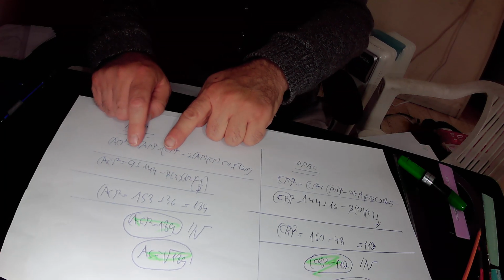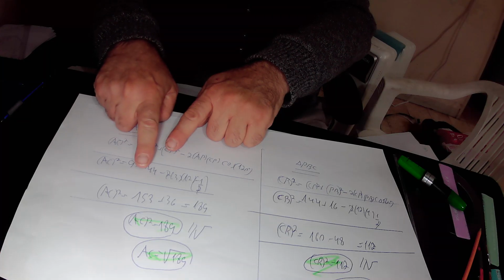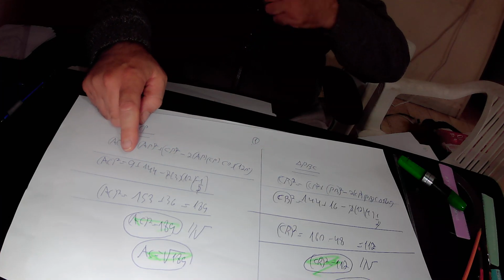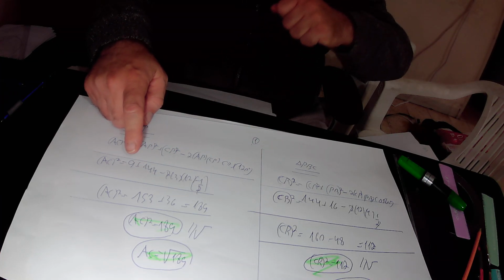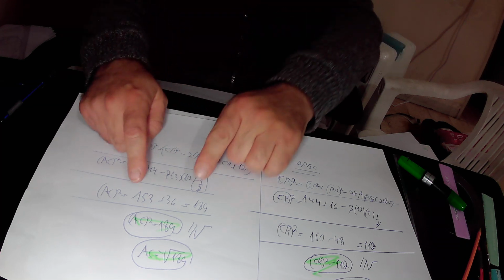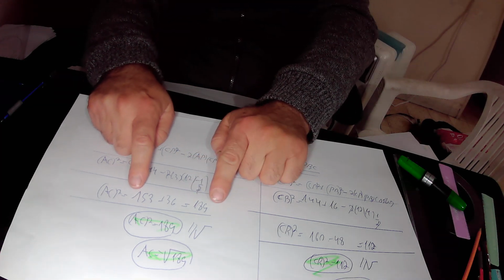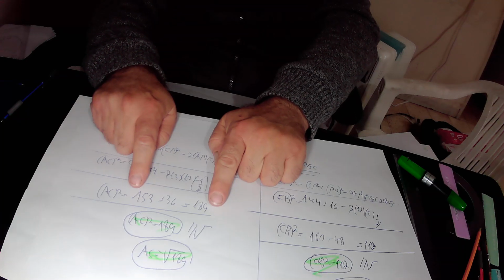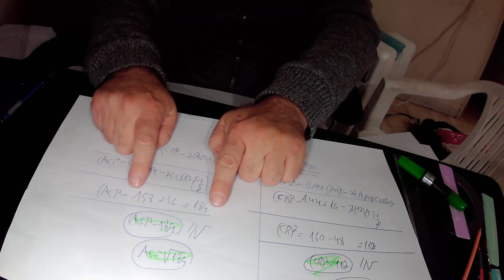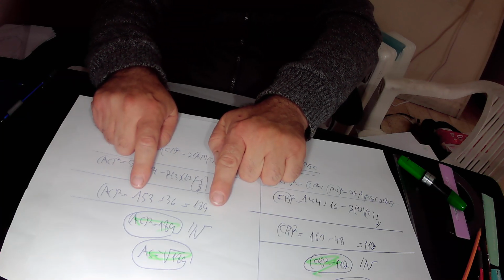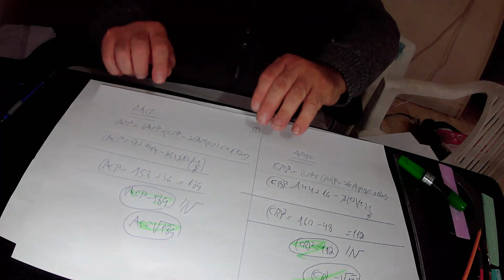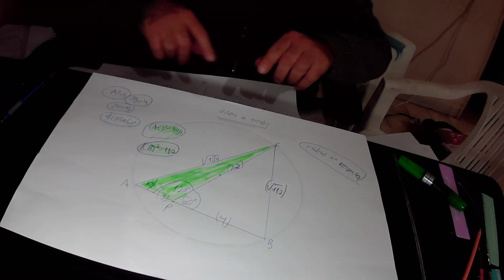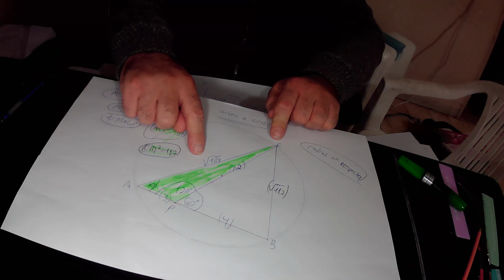And 9 plus 144 is 153. So in total, AC squared equals 153 plus 36, that is 189. AC squared equals 189. So the missing side AC equals the square root of 189 units in its length.